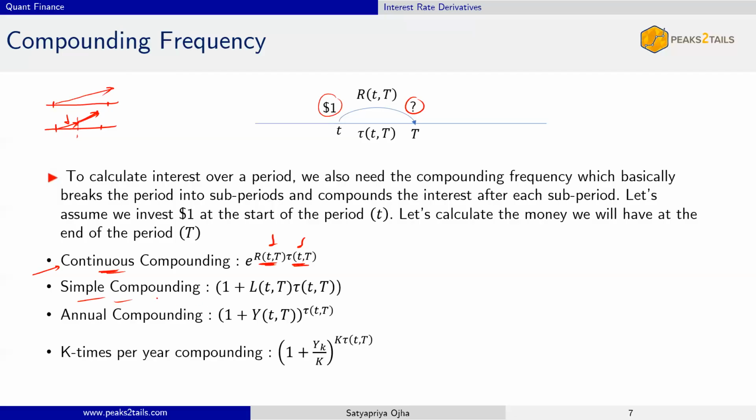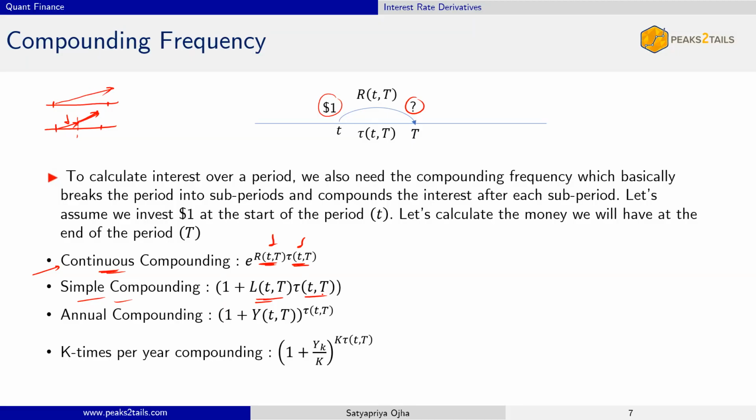Next, simple compounding. In simple compounding, we are not compounding multiple times, it's just linear growth. So let's call the rate for simple compounding L. The money that you'll have at the end of the period is simply 1 plus L times year fraction, linear growth.